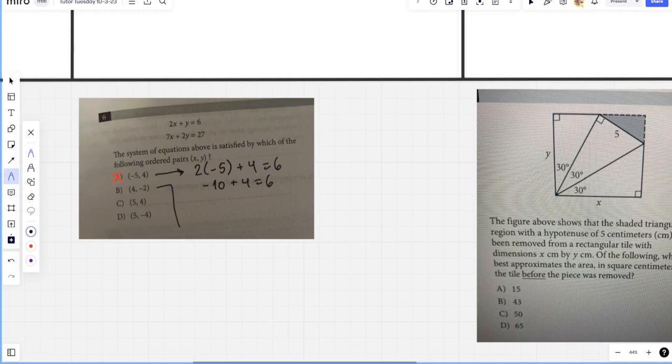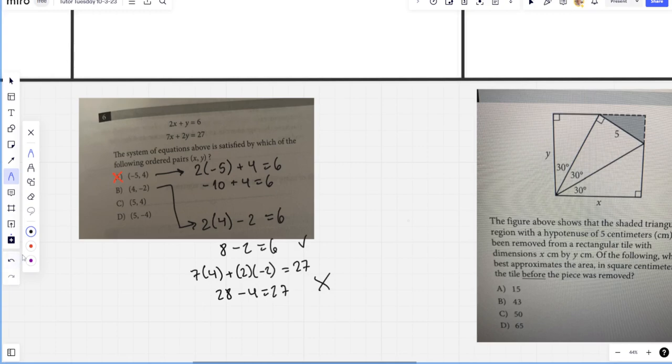Let's try the next one. 2 times 4 minus 2 equals 6. That's 8 minus 2 equals 6. So the first equation works. Let's try the second equation. 7 times 4 plus 2 times negative 2 equals 27. 28 minus 4 equals 27.